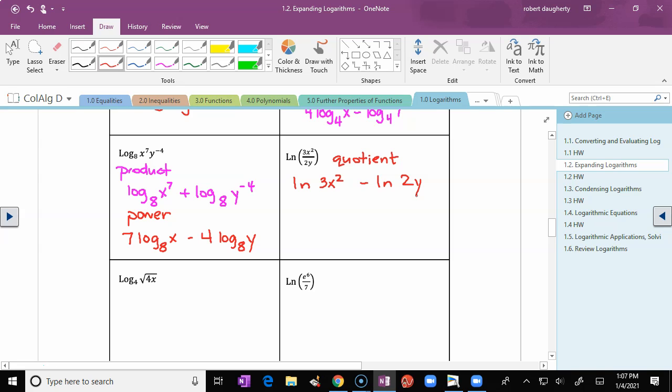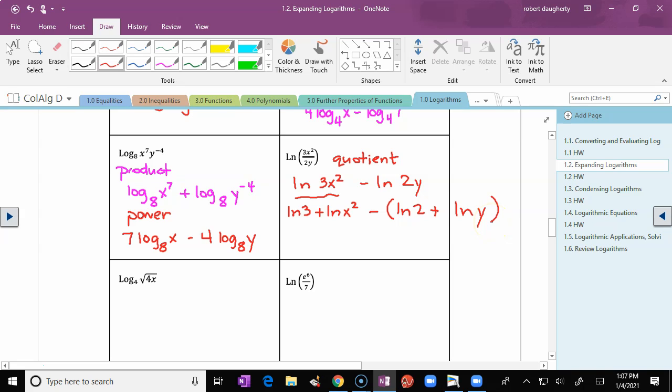Now I'm going to need to use the product rule right here. This is the natural log of 3 plus the natural log of x squared. And then the next one, this is the natural log of 2 plus the natural log of y.